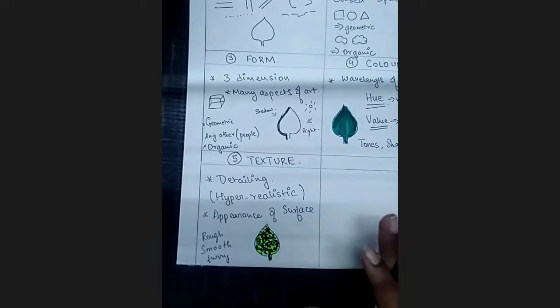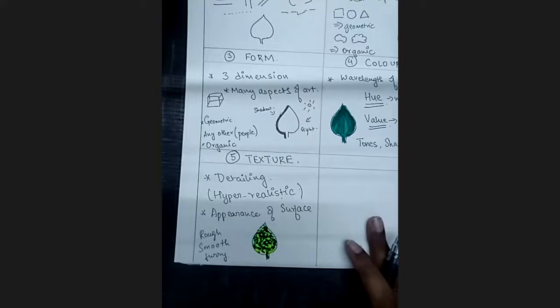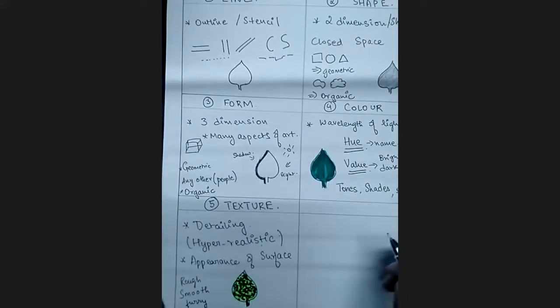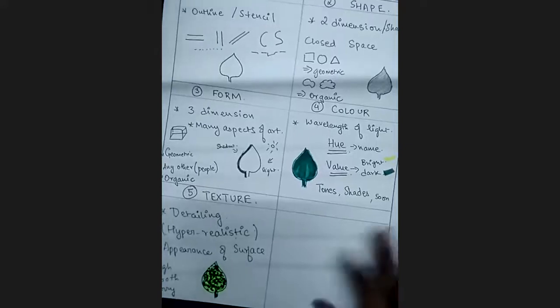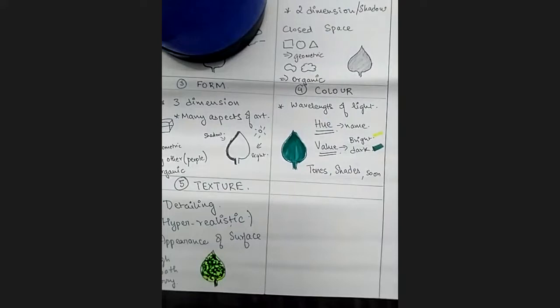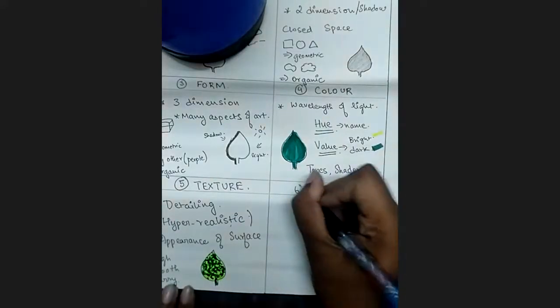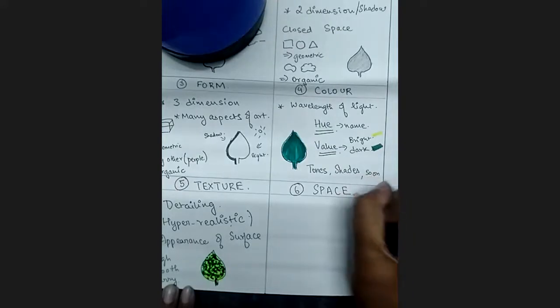We're done with 5 of the elements. We have only 1 more to go. Now we're going to look at the 6th and final one. This final one is space.